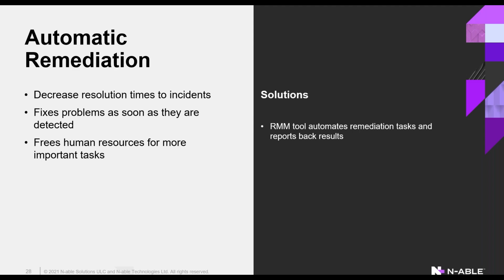There is no way, shape, or form you have automated yourself out of a job at that point. What you've really done is you've automated yourself into a promotion, because if somebody can do that, they can automate a whole lot more. And they don't need to be tier 1 anymore. They need to be on an engineering team. So automatic remediation is a necessity, and let's not be scared of it.